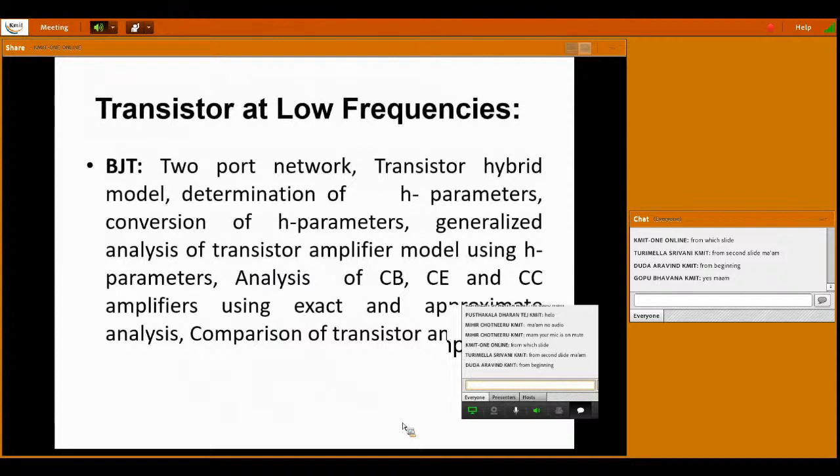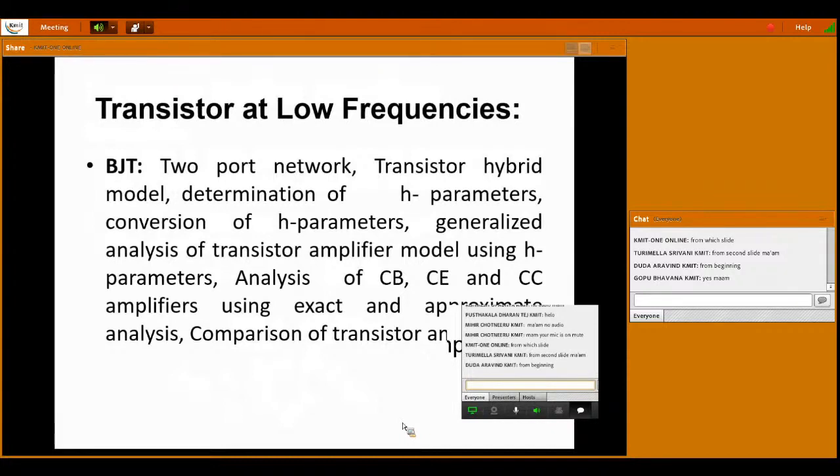We will determine the H parameters and the conversions of the H parameters. Next, generalized analysis of transistor amplifier models using H parameters. Next, analysis of the three amplifiers CB, CE, CC using exact and approximate analysis. And the last one, comparison of transistor amplifiers.